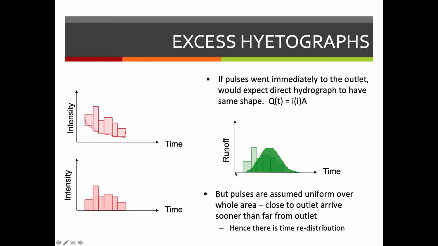If we look at the beginning of excess, right there, the peak occurs over here, whereas if there were no delay, the peak is right here. No delay, with delay. So the remainder of unit hydrograph analysis is how to get that green blob.